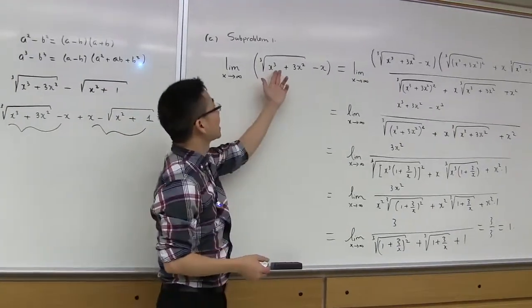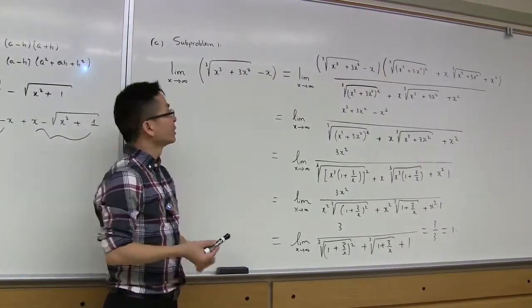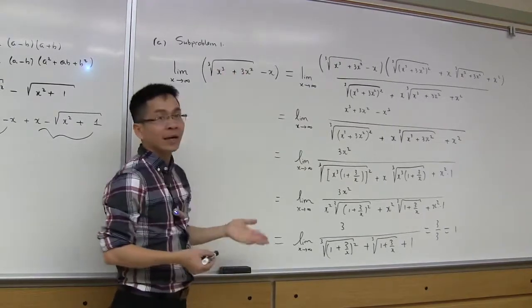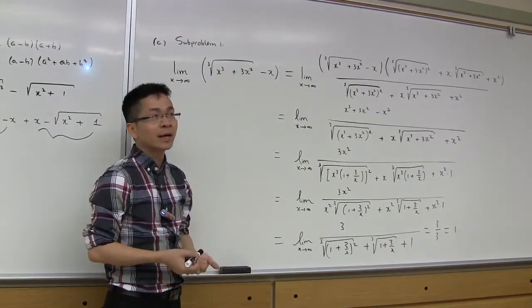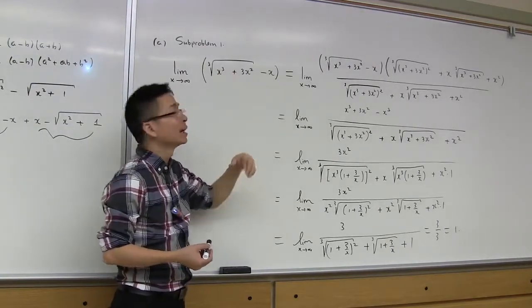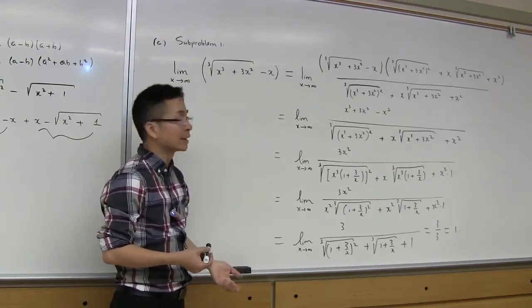So imagine that here this is a minus b. I'm going to multiply the top and the bottom by a squared plus ab plus b squared, so that the form a to the third minus b to the third will appear, and therefore we can eliminate the cube root over here.